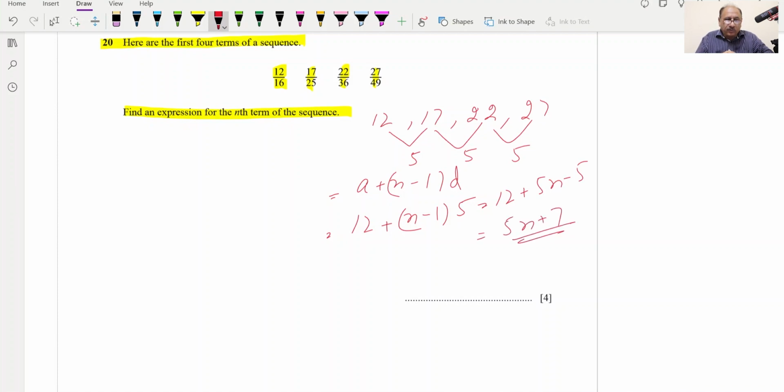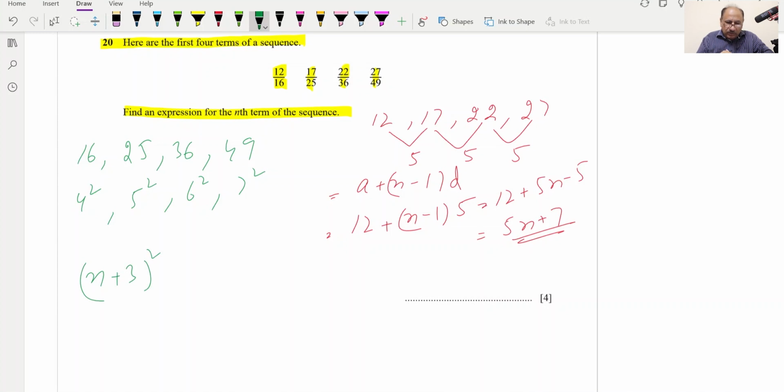So this will be for numerator. And now we can check for denominator. Denominator will be 16, 25, 36, and 49. So we can write 4 square, 5 square, 6 square, and 7 square. So n plus 3, n plus 3 squared.